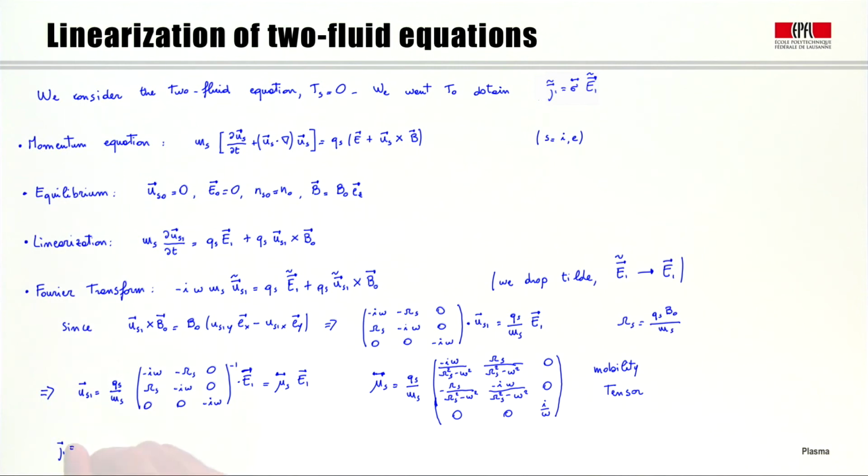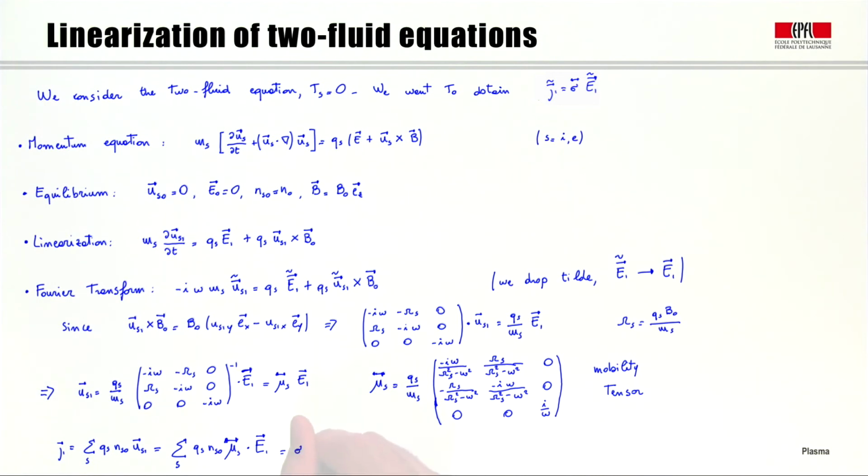Now it's possible to evaluate the perturbed current in a plasma. Because the equilibrium flow is equal to 0, the perturbed current will be given by the sum over all species of q_s, the equilibrium density, times u_s1. These are the only terms that remain from the linearization of the current, and now we can write u_s1 in terms of the mobility tensor and the electric field, times E1.